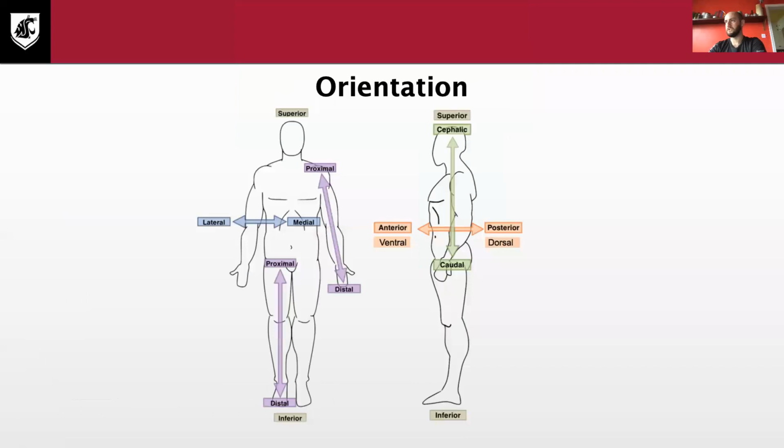Briefly, we just need to make sure we have our orientation right. This is going to be really important when we're trying to identify what we're looking at. If you get something and you're not quite sure, is it right, is it left, or if we're speaking to other professionals, we need to be able to say this is more medial to this anatomical structure, or this is more proximal or more distal.